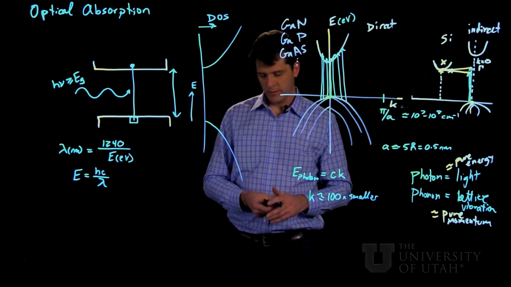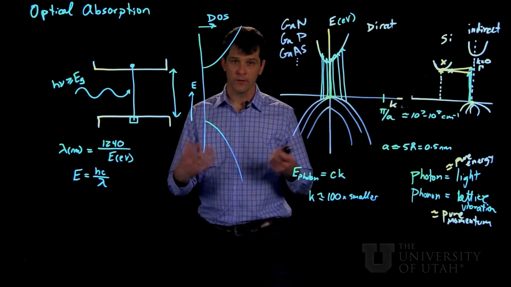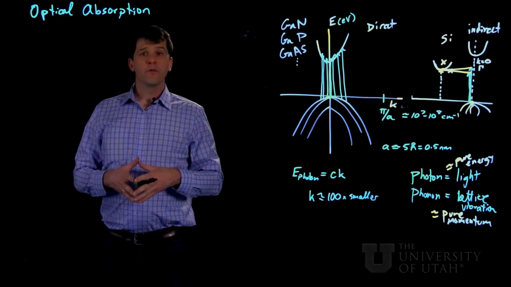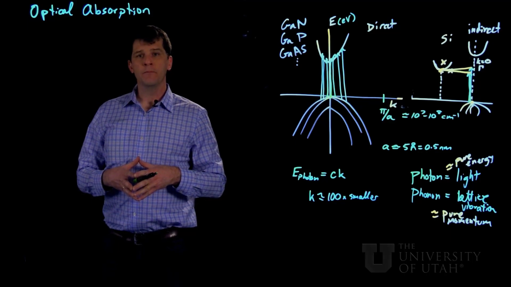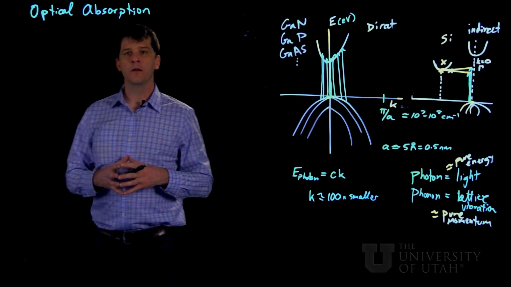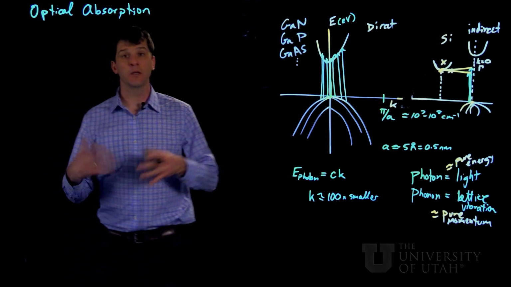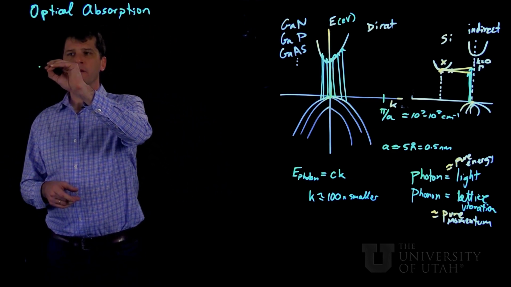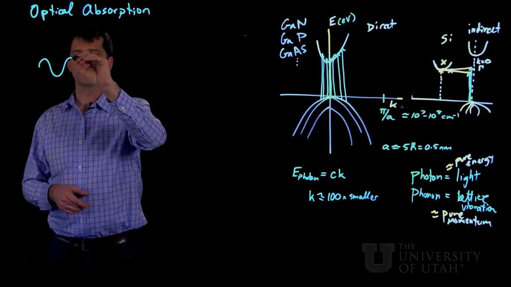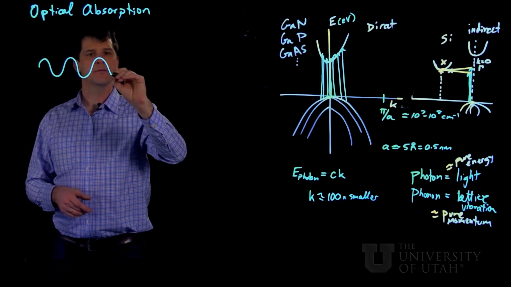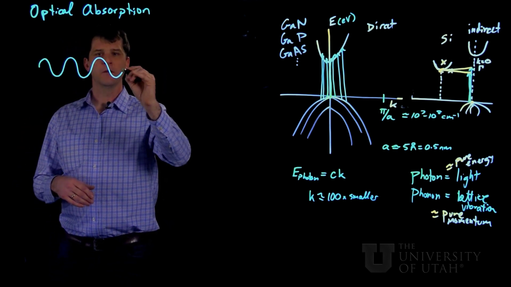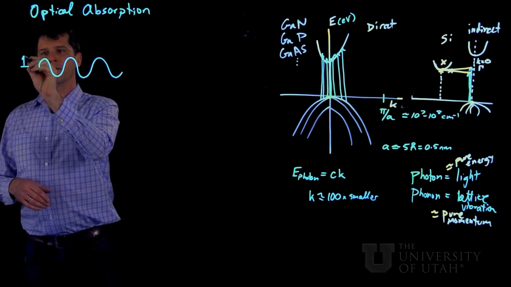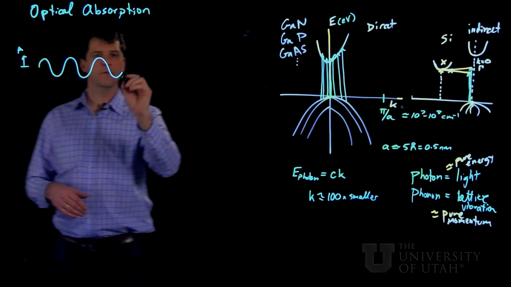So let's talk for a minute about how we measure the strength of optical absorption. So we can look at how electromagnetic energy or light is absorbed inside a material. First, let's just look at a real picture. If we have an E&M wave traveling through air, its amplitude stays the same versus distance.